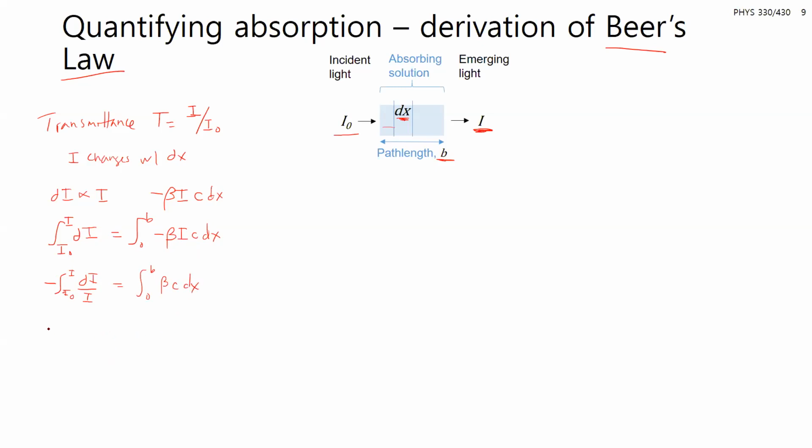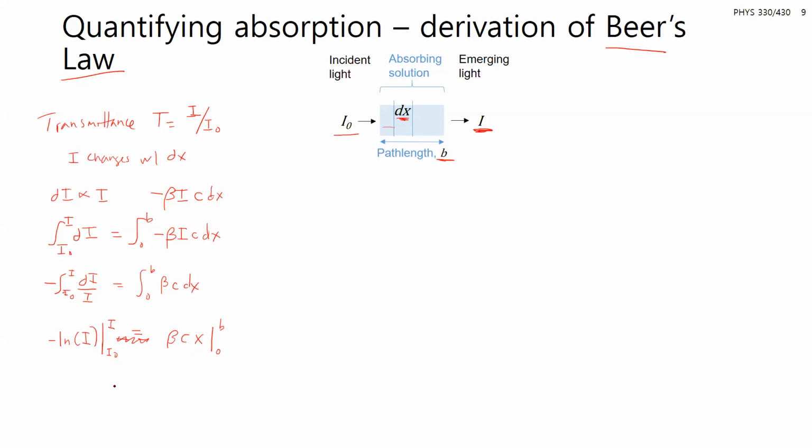So if we then evaluate this integral, what we're going to get is the negative natural log of I evaluated from I naught to the intensity I, and the right-hand term is going to be beta times the concentration times x evaluated from 0 to b.